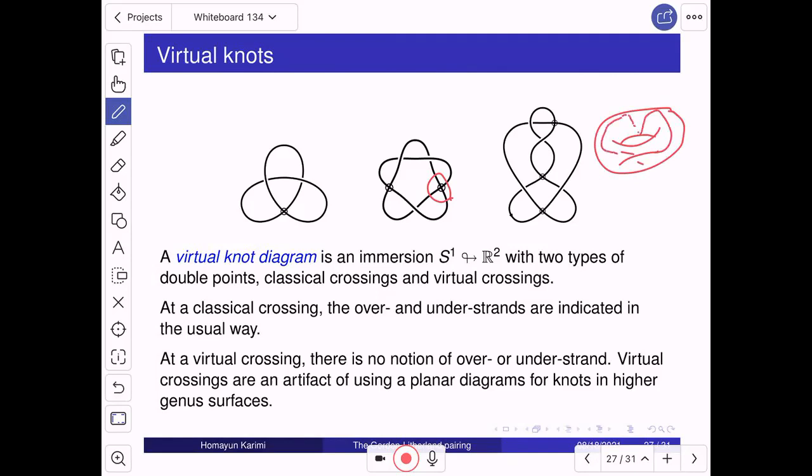Instead of projecting this knot on sigma, if you project it onto R2, the diagram that you get is a virtual diagram. And whenever you have this virtual crossing, it means that one strand of the knot goes on one side of the surface and the other strand goes under that sheet inside the surface.